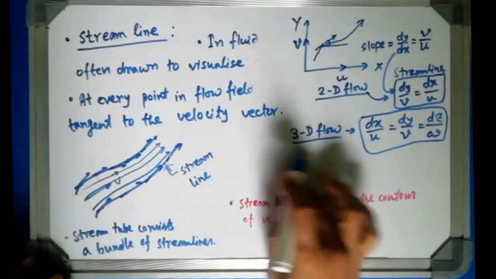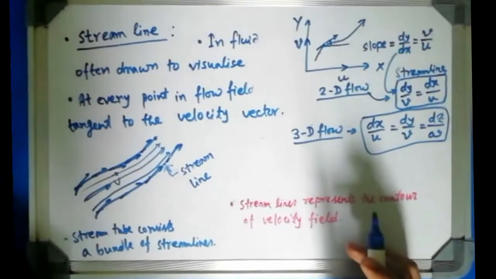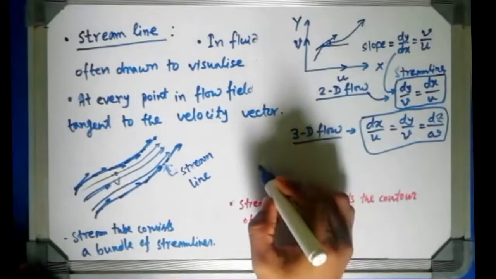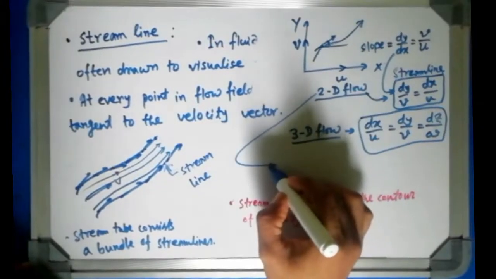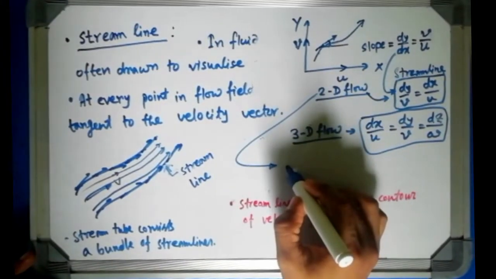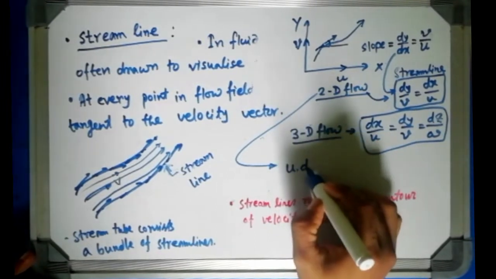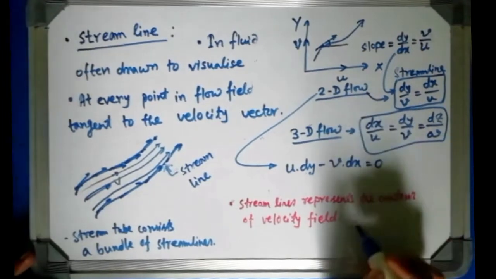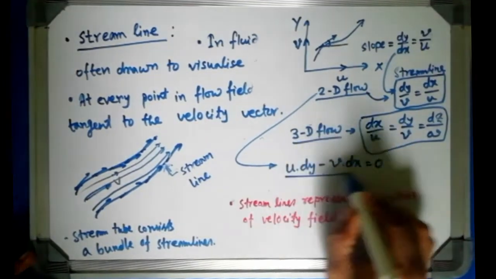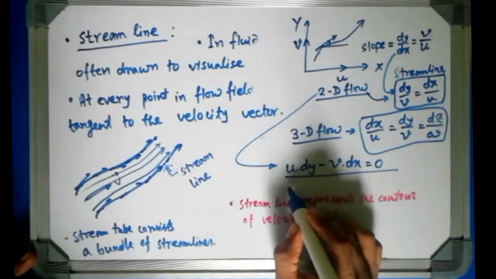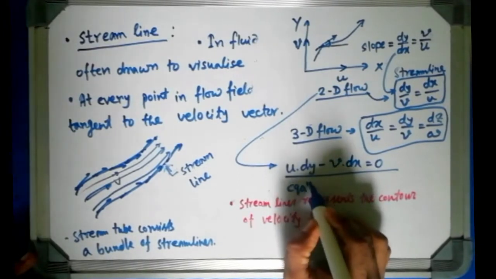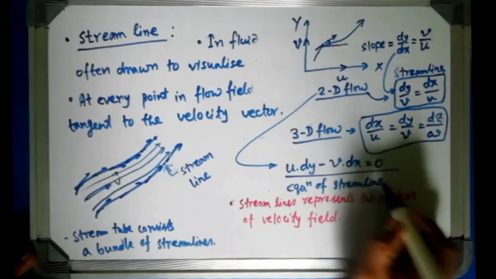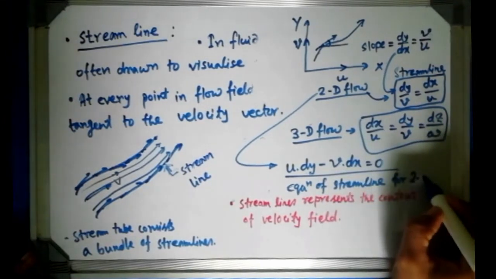In today's topic we are more concentrating on the 2D flow. That is why I can rearrange this equation in this pattern: u into dy minus v into dx equals 0, and this is the equation of streamline for 2D flow.